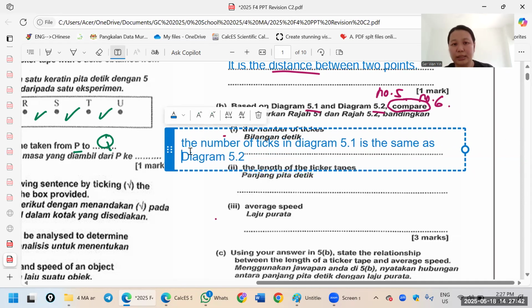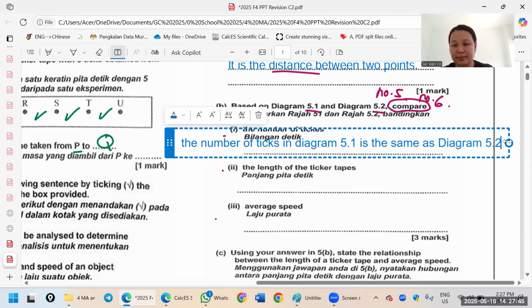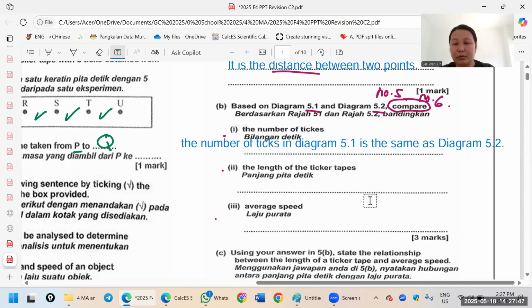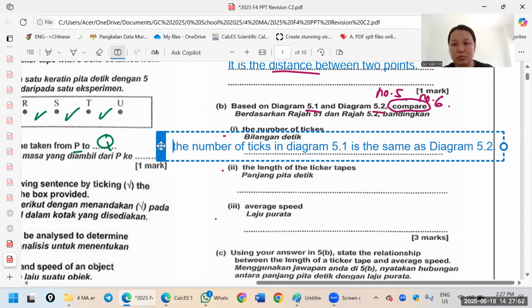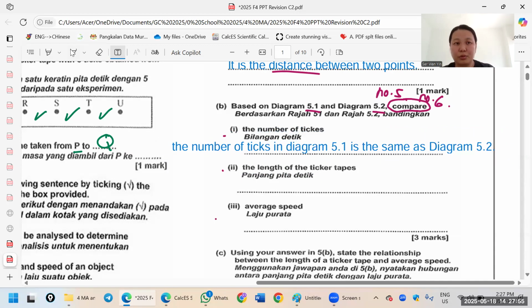I always encourage you, if there is 5.1 and 5.2, put 5.1 first, then 5.2. I know that most of us, our habit is we will say the longer one in front, the bigger one in front. But I always encourage you 5.1 in front, 5.2 behind. Okay, why? Later we see.